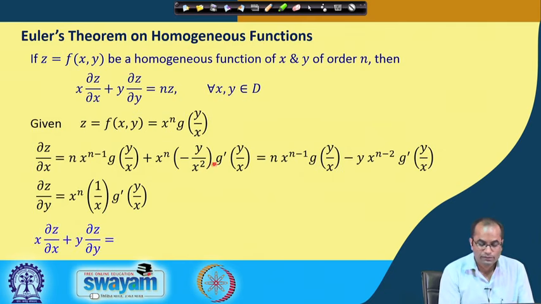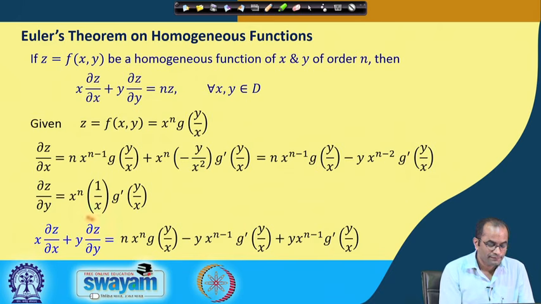And then if we add these two terms with the product of x here and y there, what will we get? We have multiplied here by x. So, we will get x power n here, and here x power n minus 1, and here we have multiplied by y. So, this is exactly n x power n g of y over x minus y x power n minus 1 g prime, and in this case we have x power n, and then we have multiplied here by y.